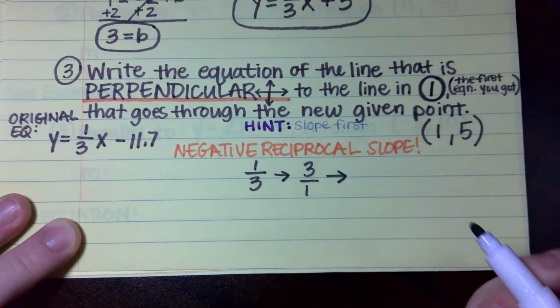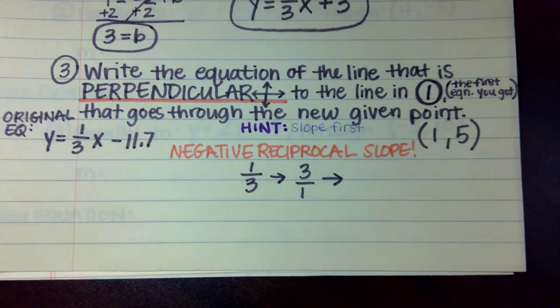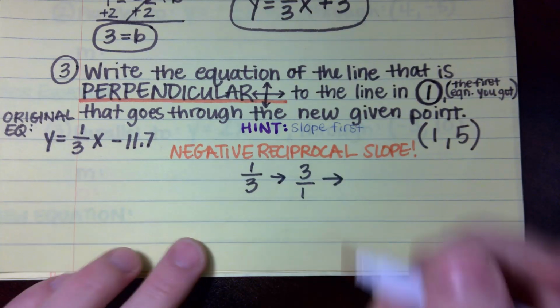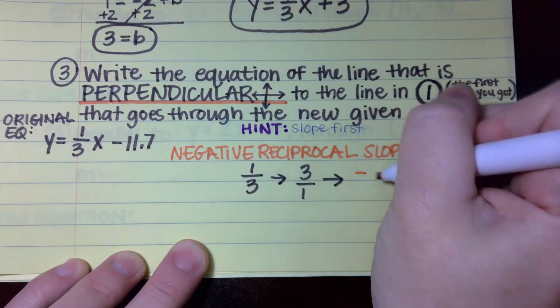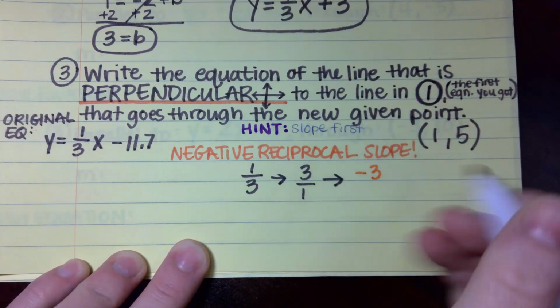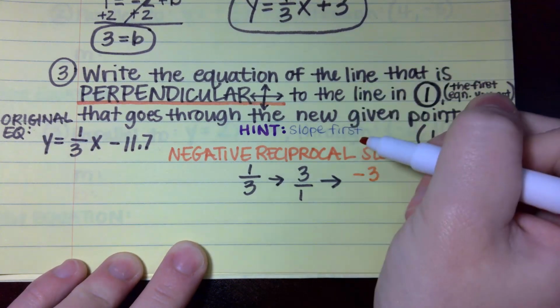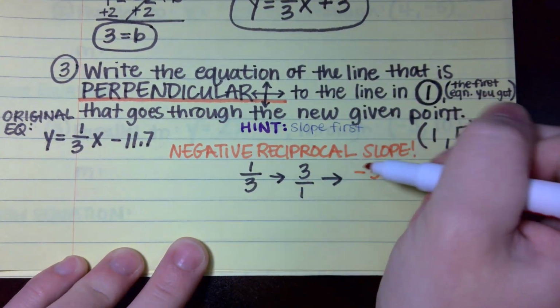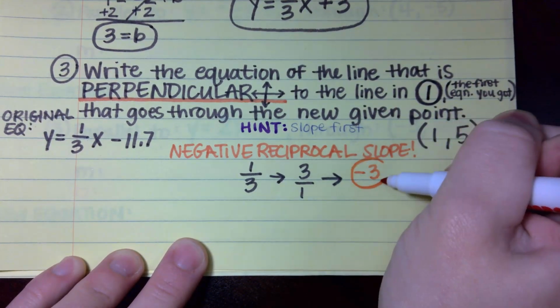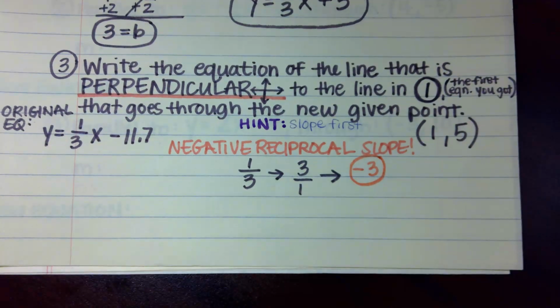And then, exactly, we make it negative. So -3, you could put over 1, or we could just know that any number over 1 is a whole number. So our new slope is -3. Okay, we have our slope. What's next? Gotta find b.